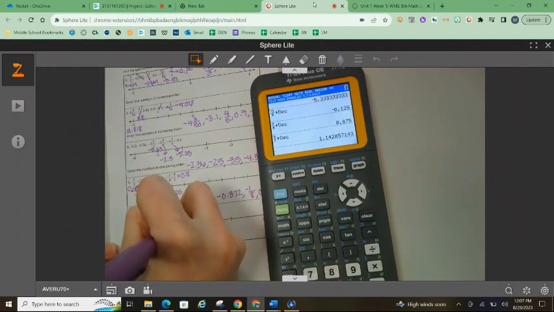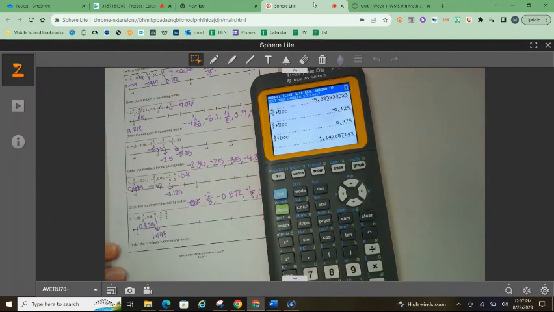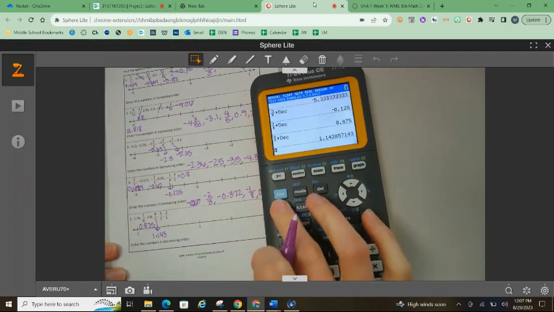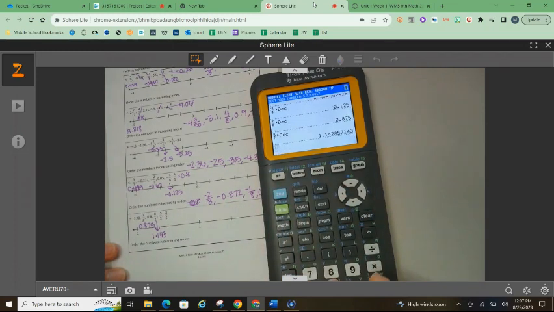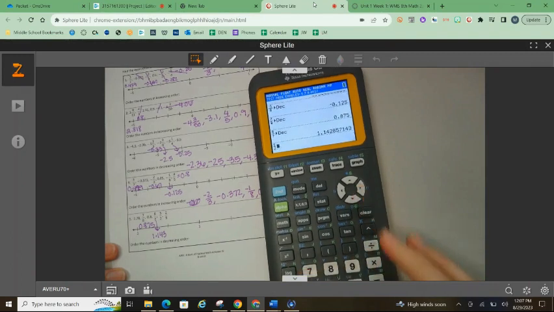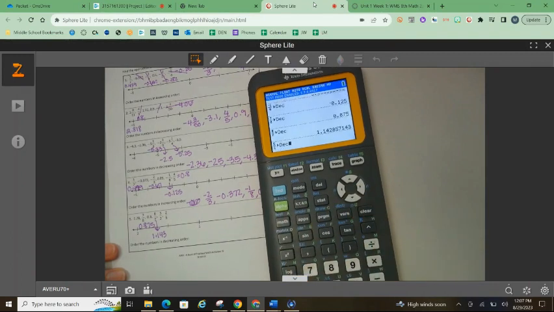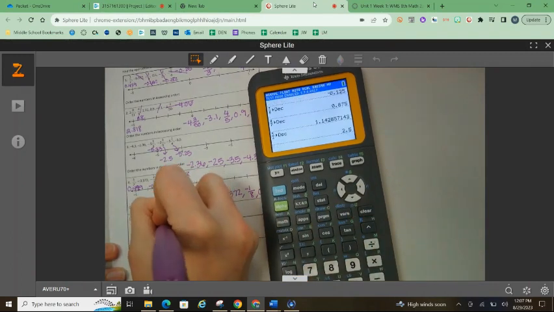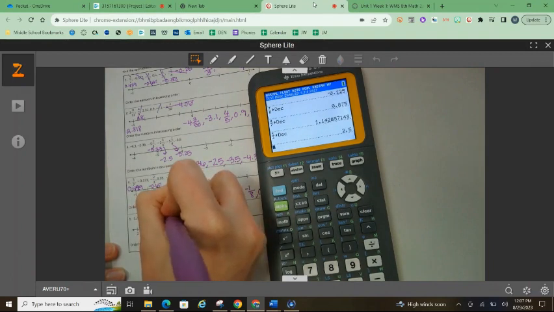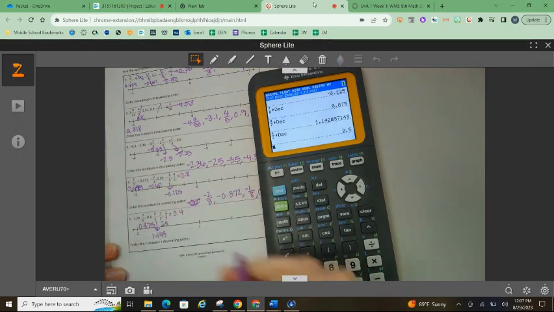This is 1.143 if I round up. 5/2, alpha y equals the first one, 5/2, math, second option for decimal. That's 2.5, and then 2/5 is 0.4.